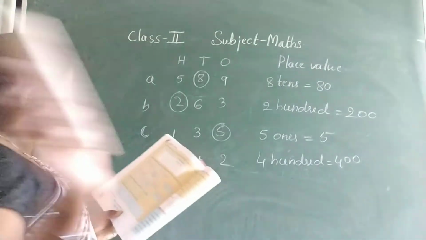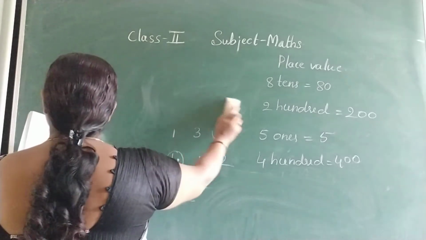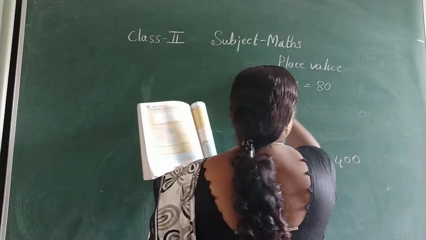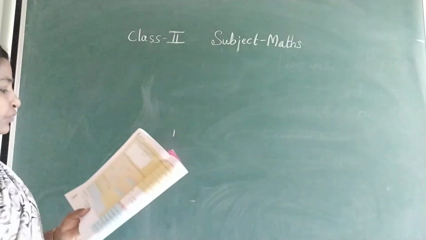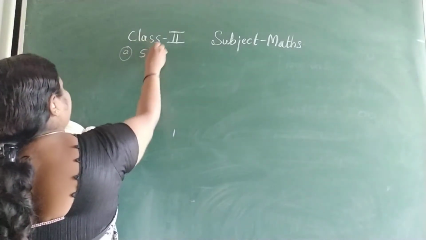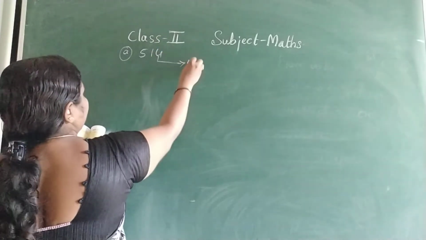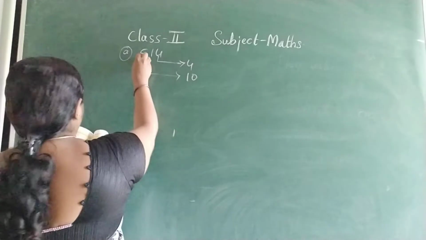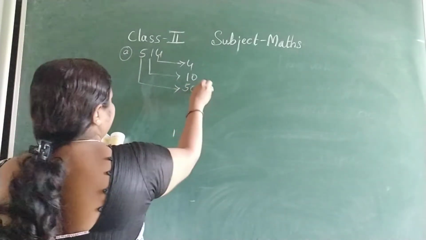Write the place value for given 3-digit numbers. One is done for you. A: 514. So 4 into 1, 4. 1 into 10, 10. 5 into 100, 500.